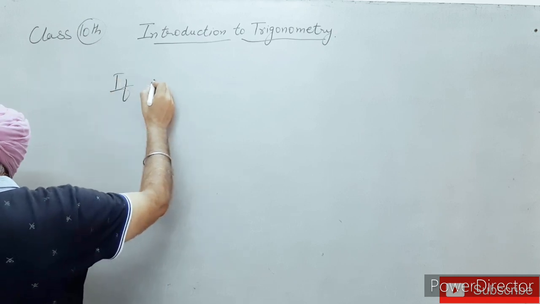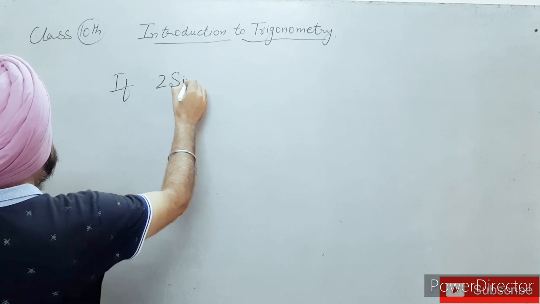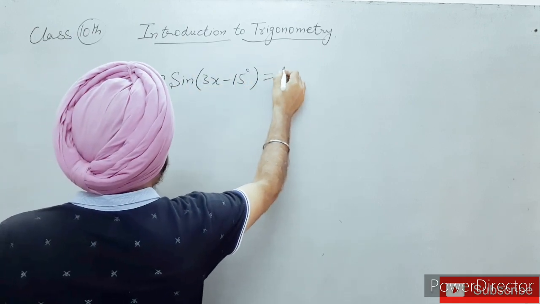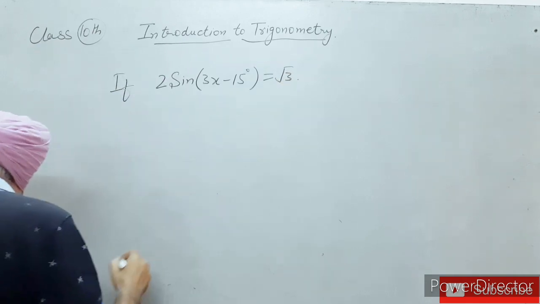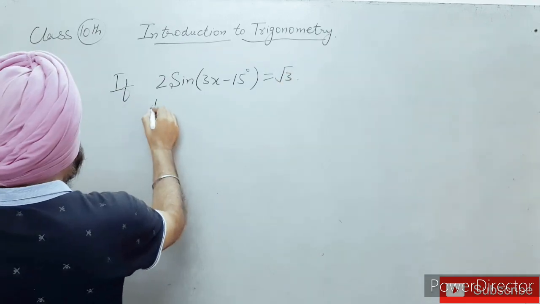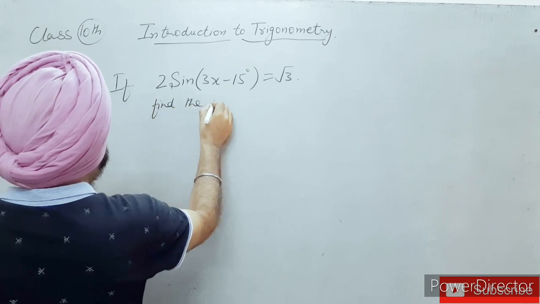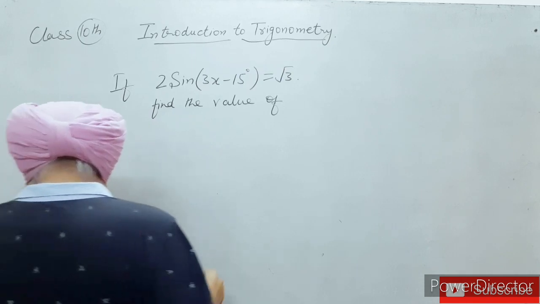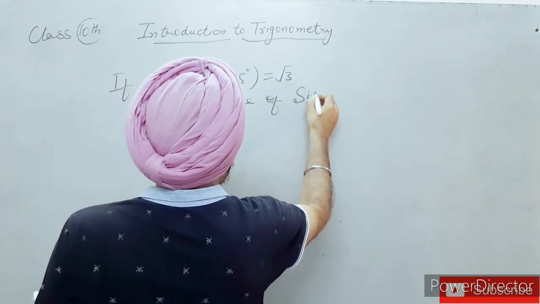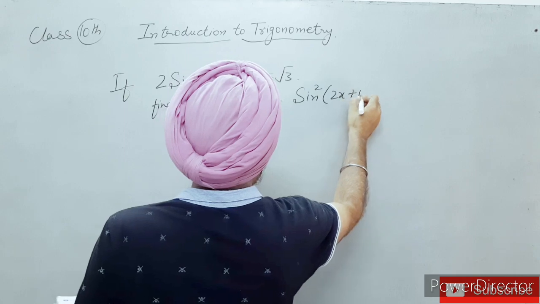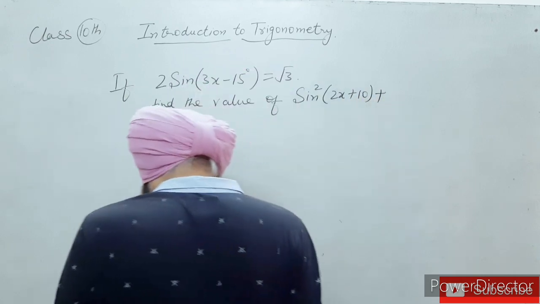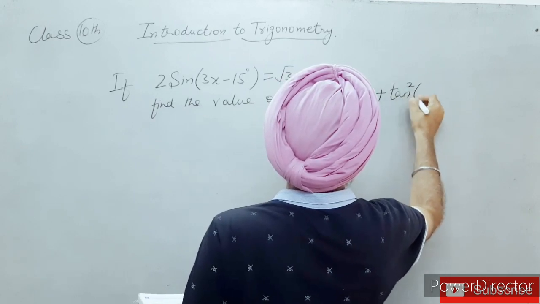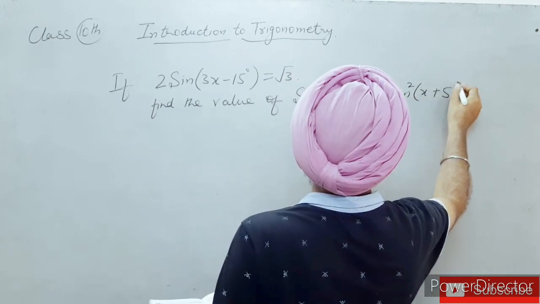The question is, if 2 times sine of 3x minus 15 degrees equals under root 3, find the value of sine square of 2x plus 10 degrees plus tan square of x plus 5 degrees.